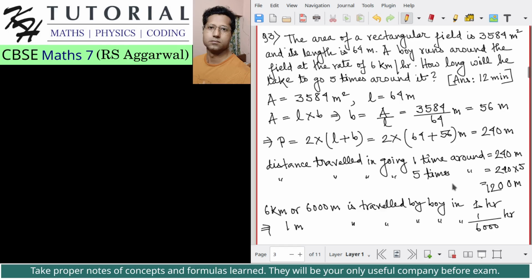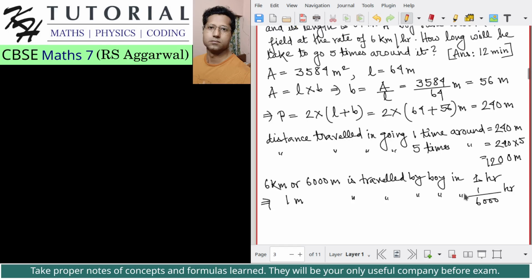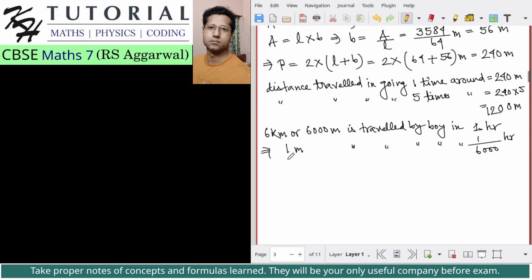Okay, now we have to find the time taken by the boy to go 5 times around the rectangular field. Now 5 times around the rectangular field we have already computed to be 1200 meter. So 1200 meter is traveled by boy in 1 by 6000 multiplied by 1200 hour.